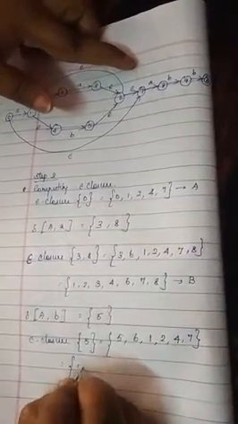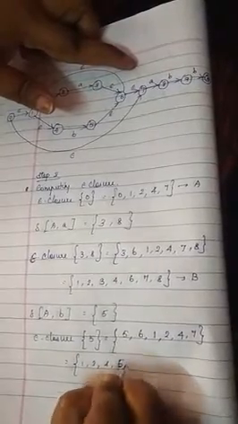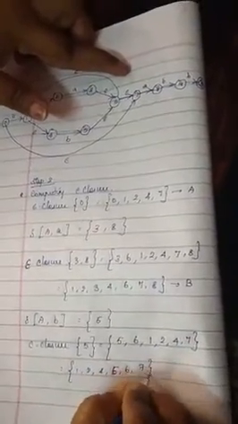Writing in ascending order: 1, 2, 4, 5, 6, 7. This is a different set, so we name it C.